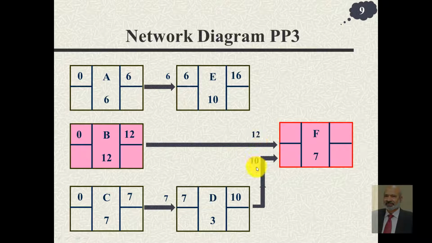The maximum of 12 and 10 is 12. So activity F starts at time 12, takes 7 days and gets completed after 19 days. Since this completes after 19 days, that means this is the critical path.